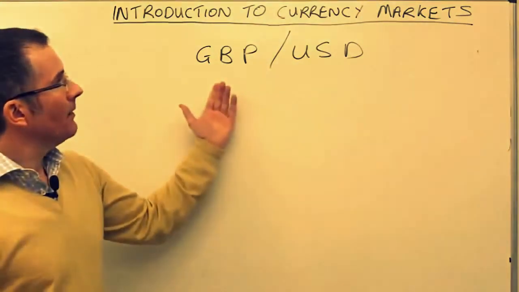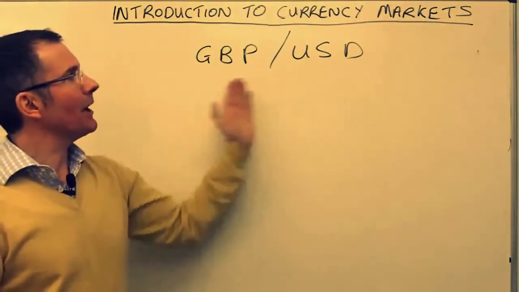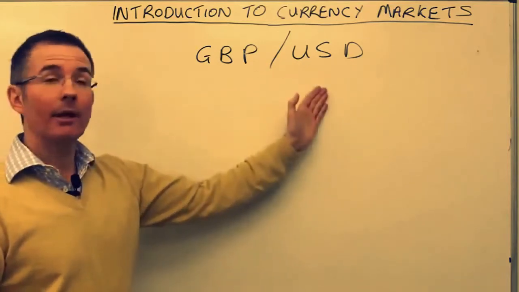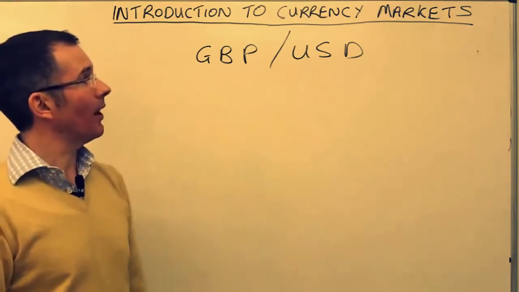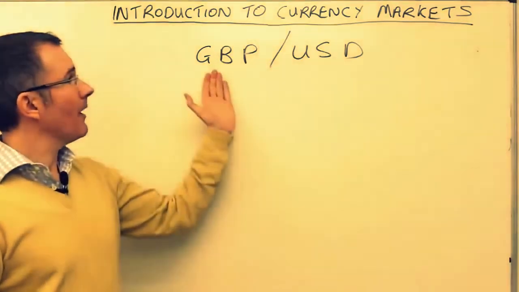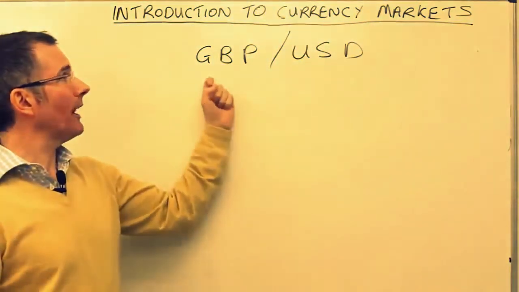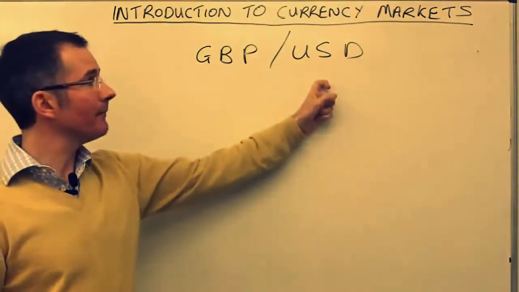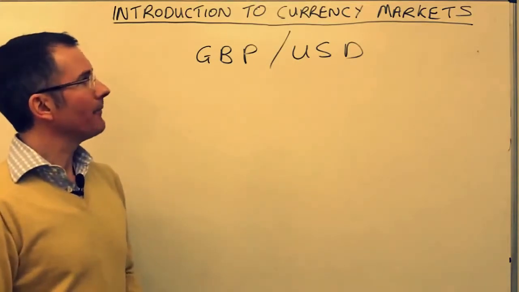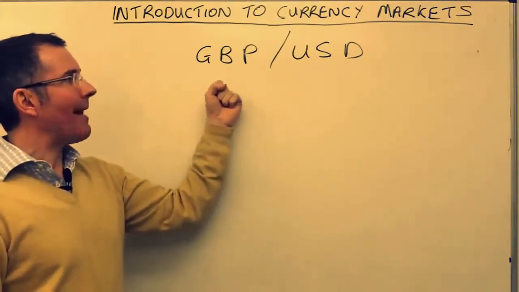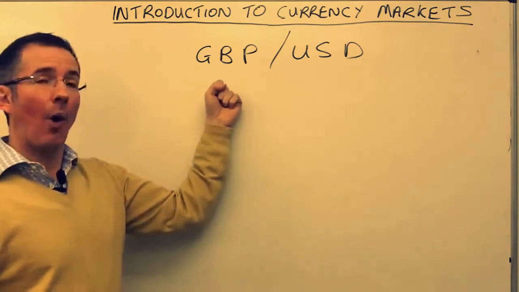So make sure that you're aware of what the major currency pairs look like shortened, because otherwise you'll look at that and think, well, I've no idea what that means. What this means is I'm thinking about betting on sterling against the US dollar. Then you get a rate. Now, the currency on the left is the one there is one of.